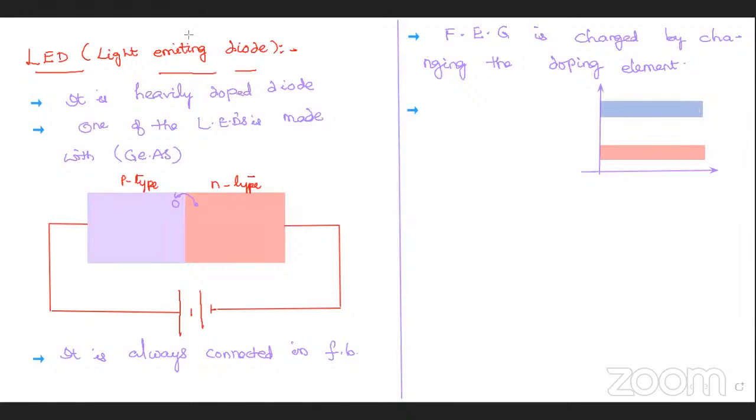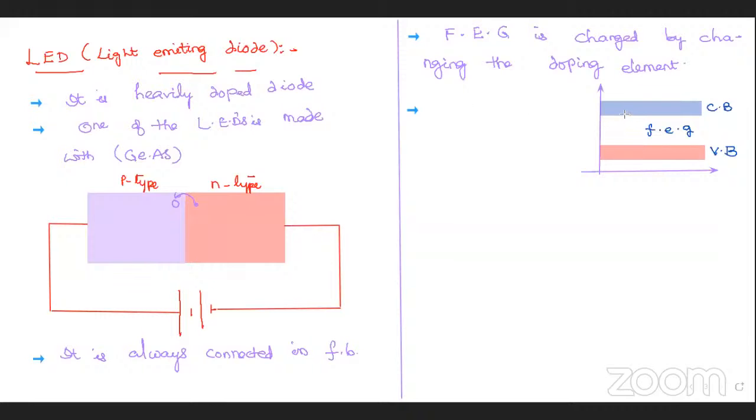Sorry, this is the conduction band and this is the valence band. And this is the FEG, forbidden energy gap.